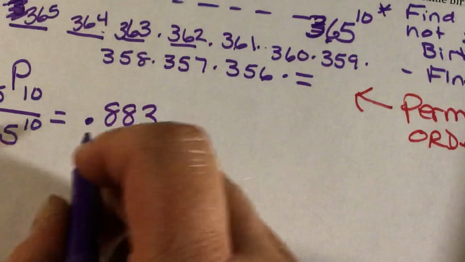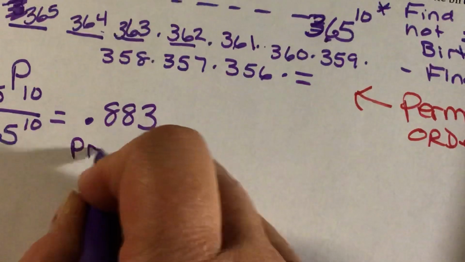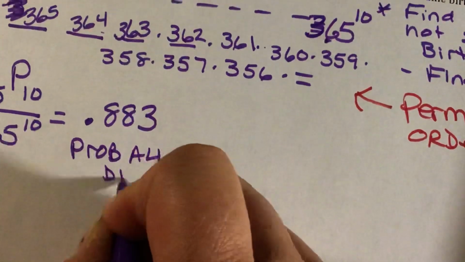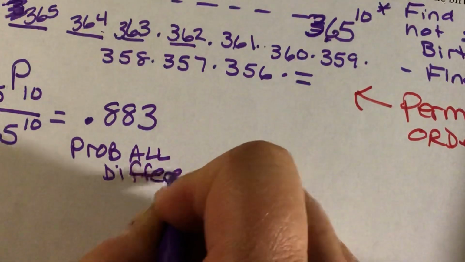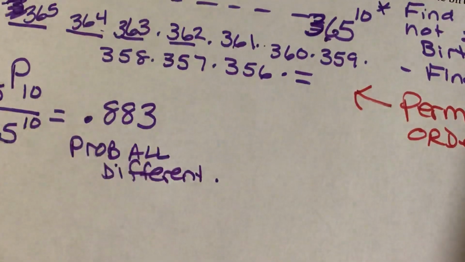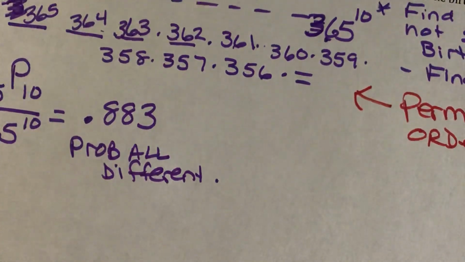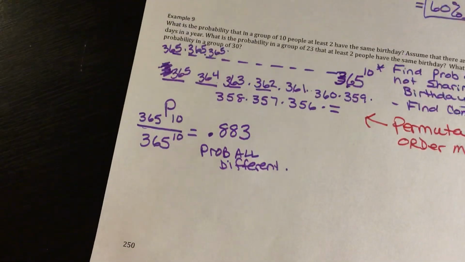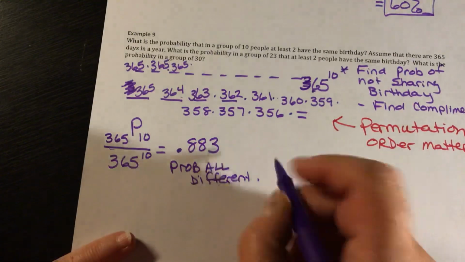Now, if we want the probability of somebody having the same birthday, we subtract this from 1.